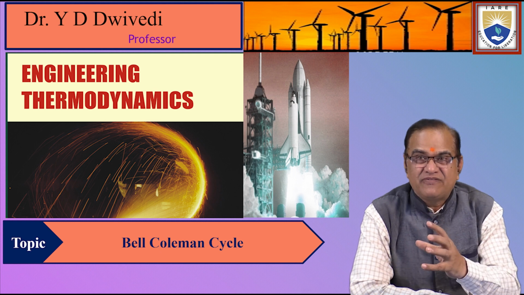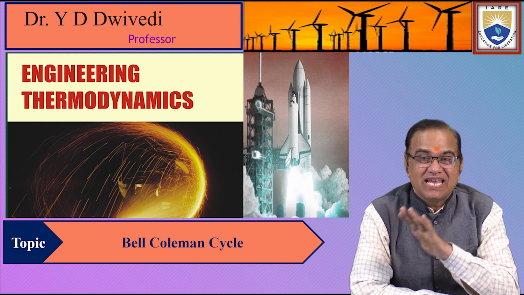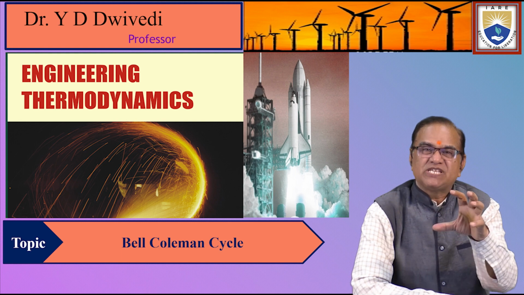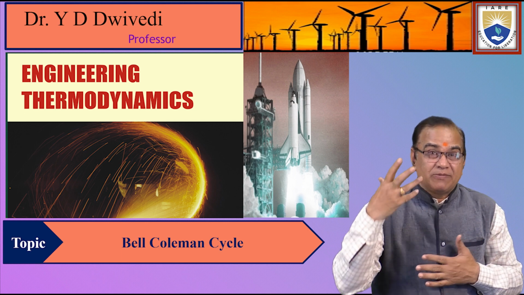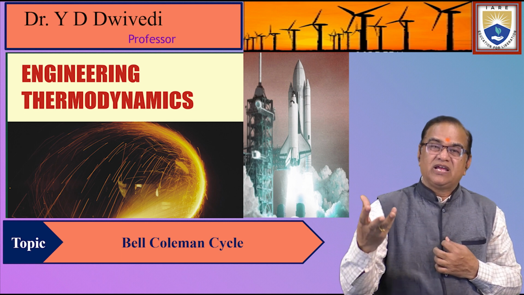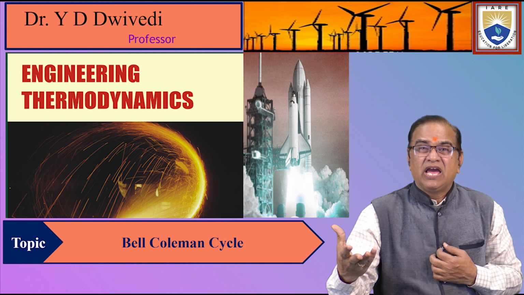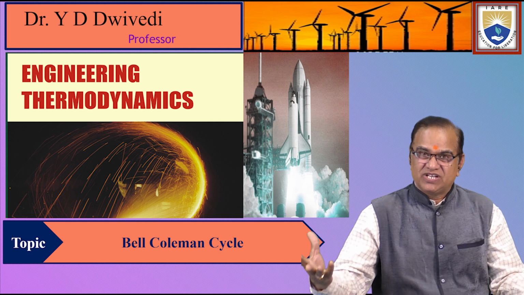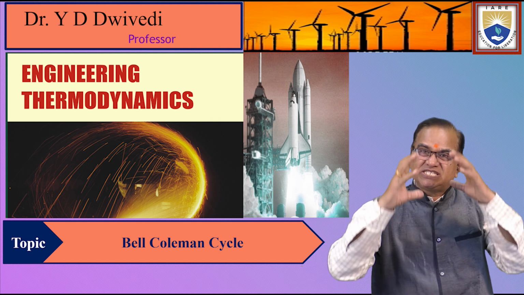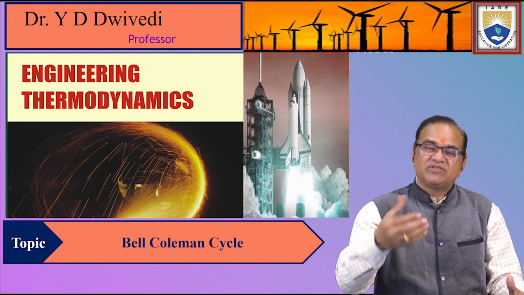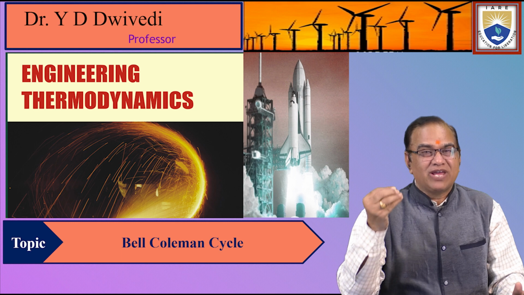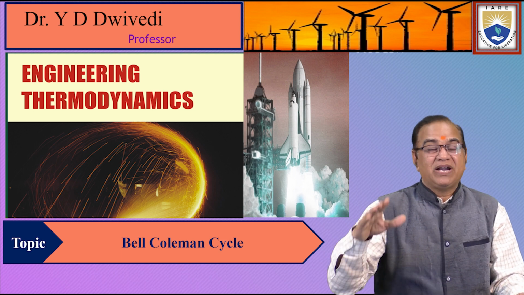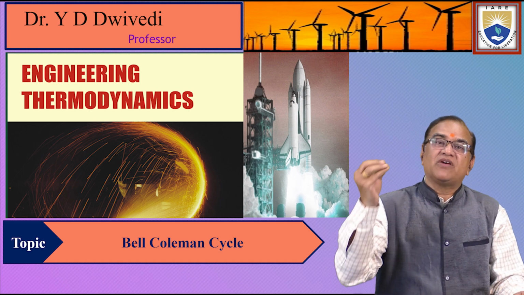However, in aircraft this Bell Coleman cycle is the one used, but the basic principle behind all refrigerators, may be the vapor absorption refrigerator, evaporation refrigerator or the air refrigerator, is the same. In place of a refrigerant, in the Bell Coleman cycle we use only pure air as the refrigerant, but in the other cycles we use some refrigerant.